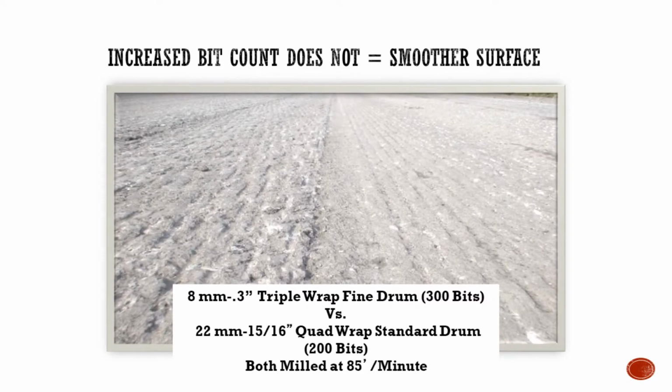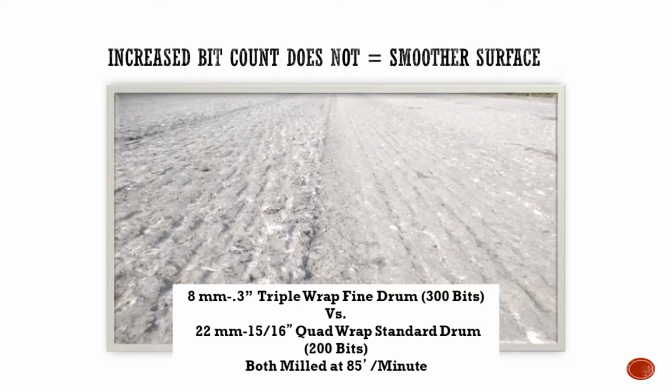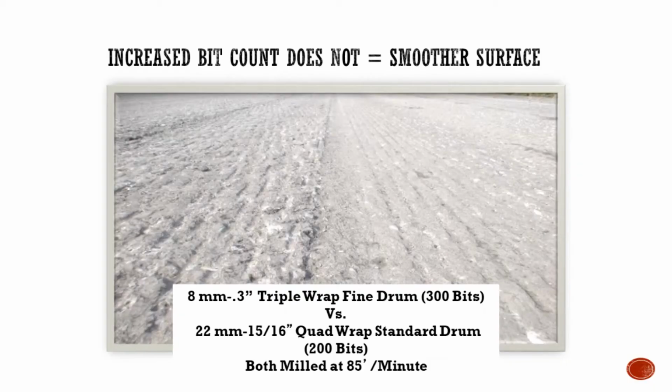Also, an increased bit count does not necessarily mean a smoother surface. On the left, on a 7-foot half lane machine, you'd have around 200 bits on a 4-wrap drum with that repeating tooth. And then you have 300 bits on the fine mill drum on the right-hand side, but that just has one single bit that comes into play.